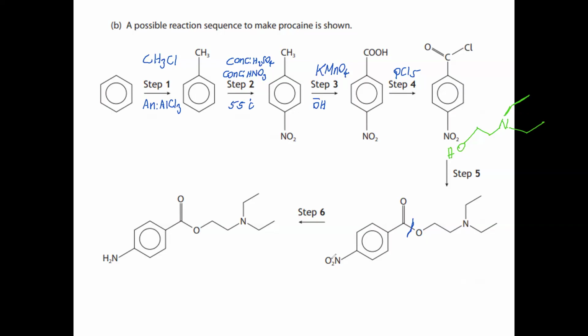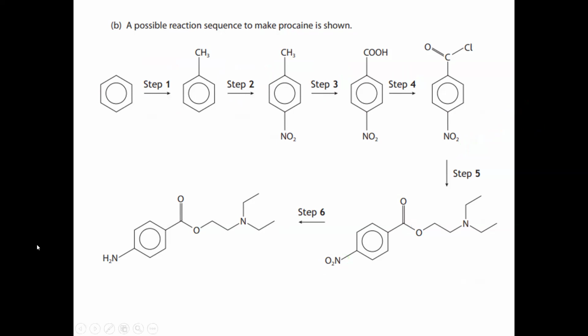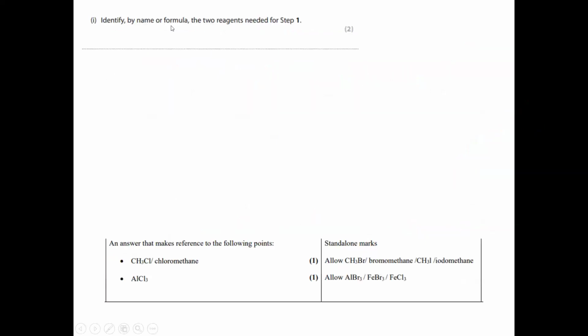Then in step 6, you make this NO2 group into NH2. That means tin and concentrated HCl. Okay, so we know all the things. When we read the question, now we have everything in our head. Now let's go to the question. Identify by name or formula the two reagents needed for step 1.